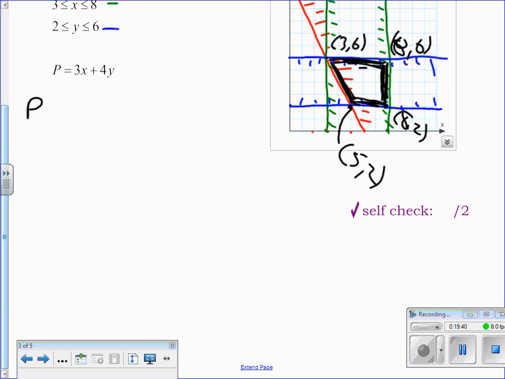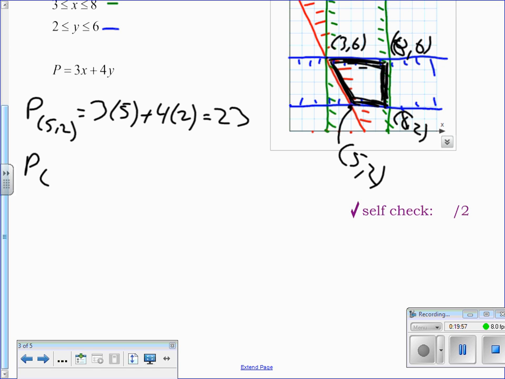Start at the bottom corner. 5, 2. 3 times 5 plus 4 times 2. 15 plus 8 is 23. Going anti-clockwise, 8, 2. 3 times 8 plus 4 times 2. 24 plus 8 is 32.